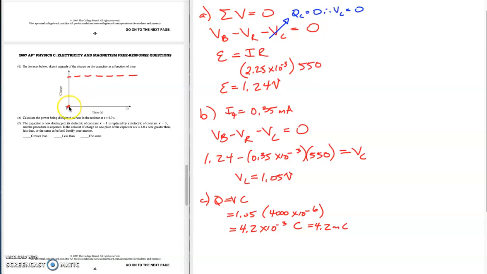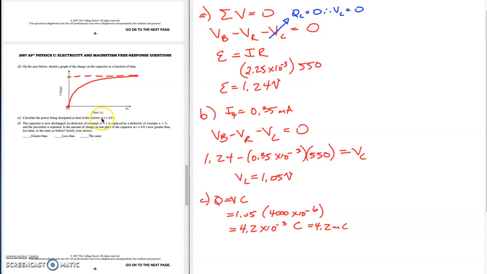And we're going to charge up here to an asymptote. They don't say anything about labeling the asymptotes or points of interest, so I don't think we need to worry about that, but we do need to make sure that we approach an asymptote, and we clearly indicate that we have an asymptote to approach.